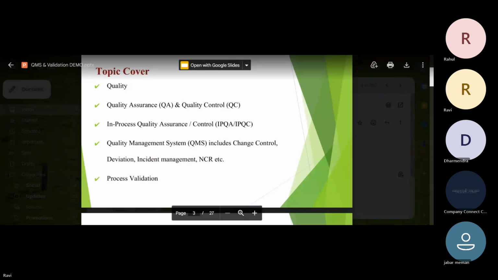Basically, if we are performing any change in the facility or premises, we have to assess whether there is any impact on the product or facility. That is the reason we initiate the change control. That is one part of the quality management system, and one more is deviation. Suppose, as I said earlier, the tablet weight will be 480 to 520 mg.